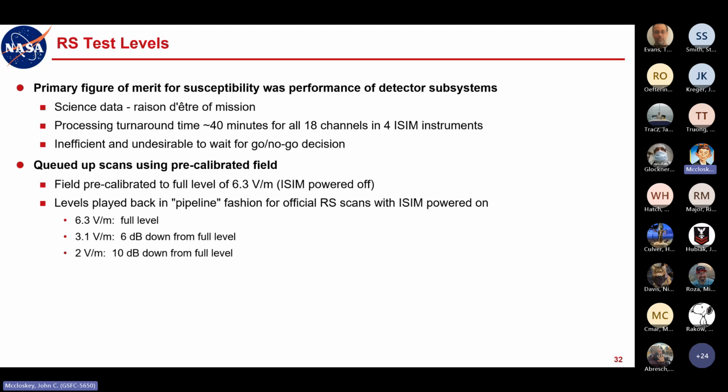This is one of the questions I always ask as we're planning the test: what is your turnaround time for evaluating whether you have a susceptibility or not? Because if it's something upwards of 20, 30, 40 minutes, then you need to consider doing something like this. If you get more or less an instantaneous indication, or within a few minutes, then you don't really need to do this.